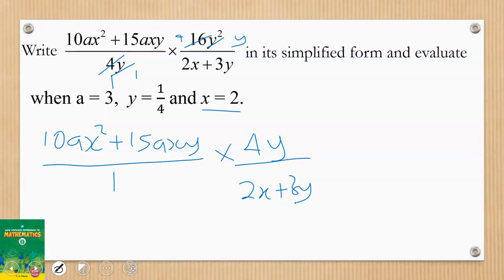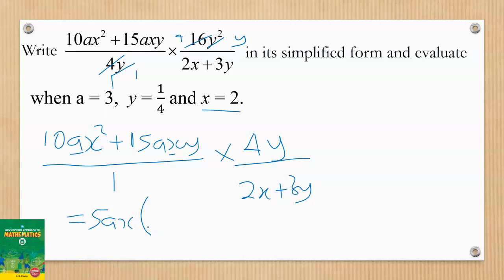Now let's see if we can factorize the numerator side of the first part. So I have 15, I have 10. At least 5 can be a common factor. I have a, I have x, so I can have 5ax being the common factor coming out.